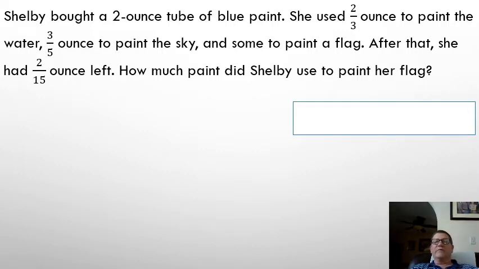So, first thing we're going to do is we need to do a tape diagram so we can grasp what's going on. First off, we're going to label our total. And our total was 2 ounces of paint. Now, we can go through it and we can see that she used 2/3 of an ounce, 2/3, and that was for water.